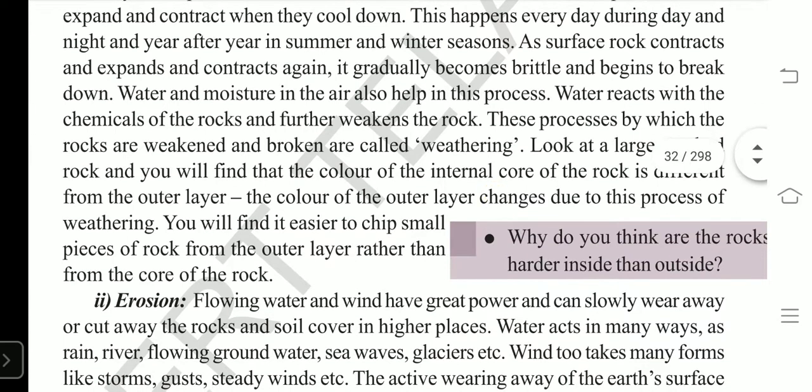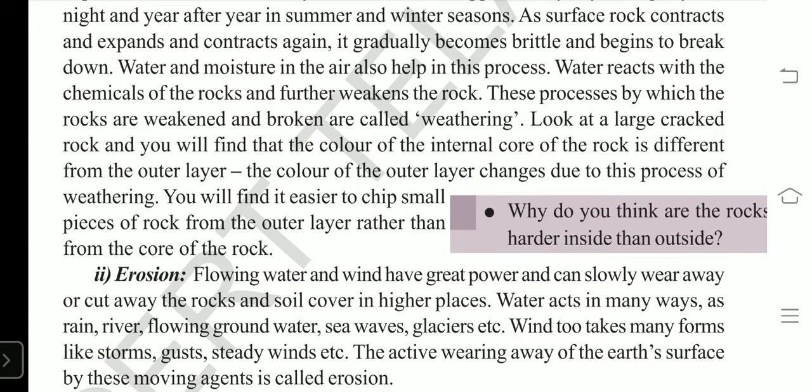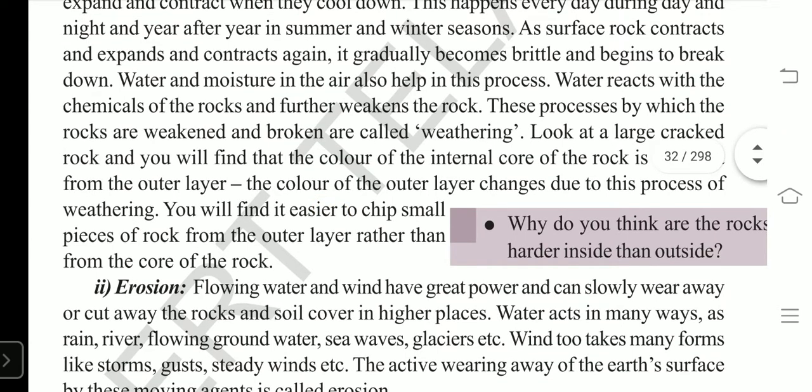Where it is exposed, you will see some small particles or small pieces of the rock, but in the internal core we cannot find that, right? So what is weathering? The process of rocks becoming weak and breaking, right? The rocks becoming weak and breaking into small pieces is called weathering.